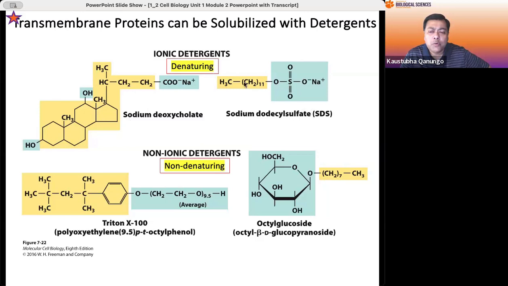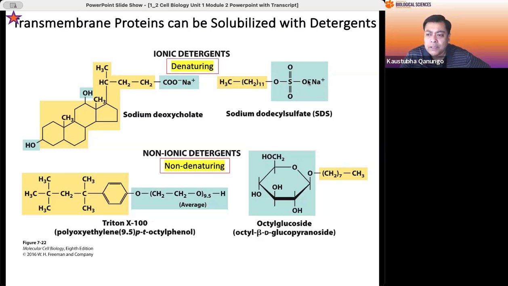There are two different types of detergents that we use in membrane biology. One is a denaturing detergent. The examples are sodium deoxycholate and sodium dodecyl sulfate, or SDS, very commonly used. Remember those because these are important. These ionic detergents have a plus charge right here, Na plus, and then a COO minus. So they have charged groups.